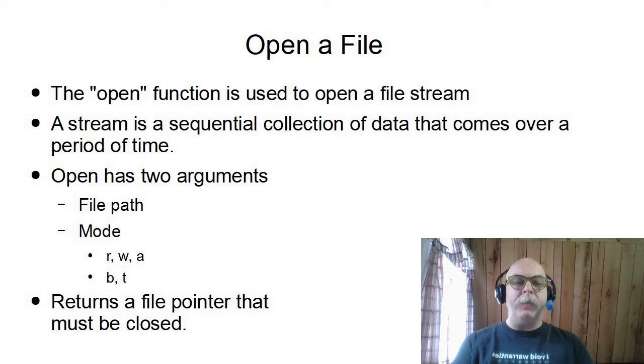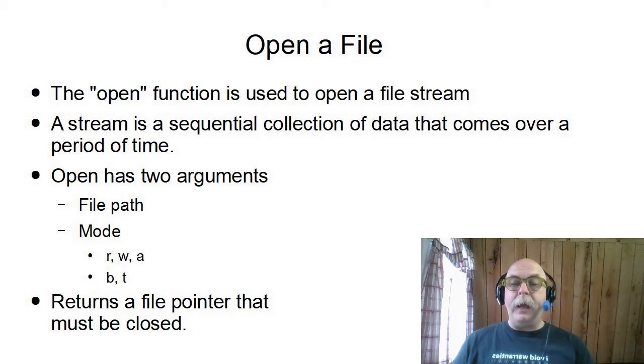But all of the files we'll be using, in this class at least, are text files. So if you were to open with the mode "rt", it would read a text file, or "wt" would write a text file. And because T is the most common, you can just leave it off.